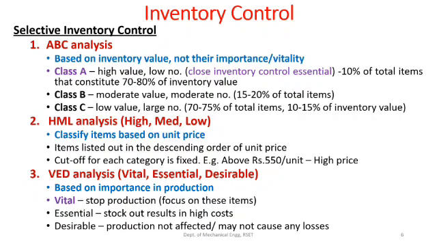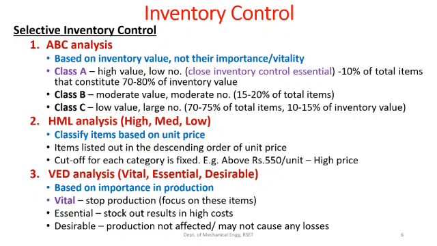So the cutoff for each category is according to the company. For example, any item above say 550 rupees per unit might be deemed a high price item for that particular company. So the category cutoff for high, medium and low is specified by the company themselves.